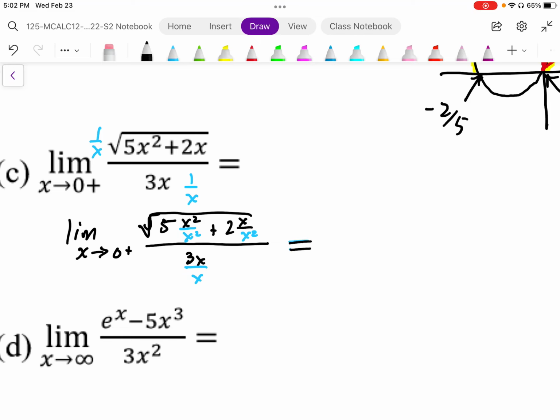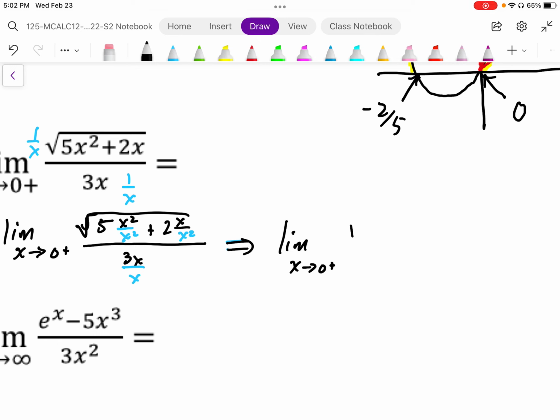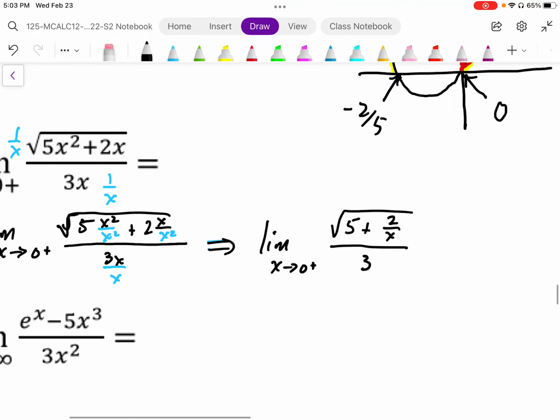This expression simplifies to the limit as x approaches 0 from the positive side of the square root of 5 plus 2 over x, all over 3. Now we can evaluate this limit.